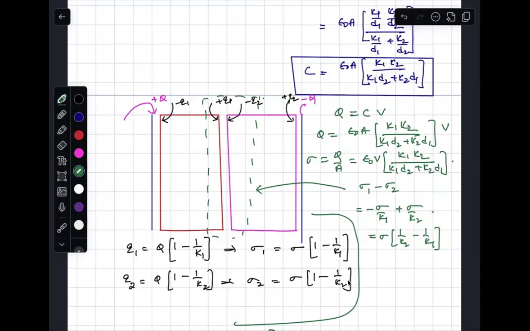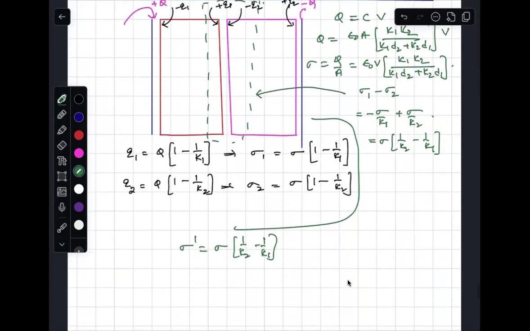Any doubts till this point? I have done the question then, which means this is nothing but sigma dash, epsilon naught V by K1 D2 plus K2 D1 times K1 minus K2.